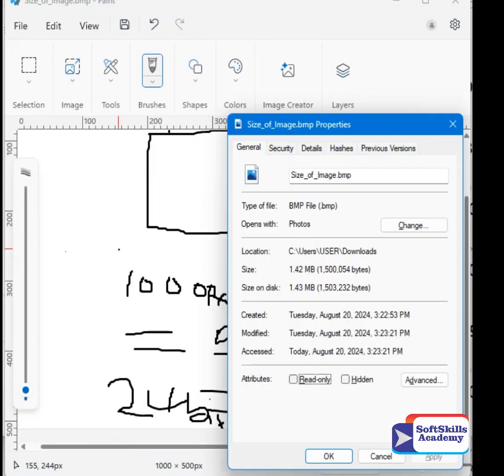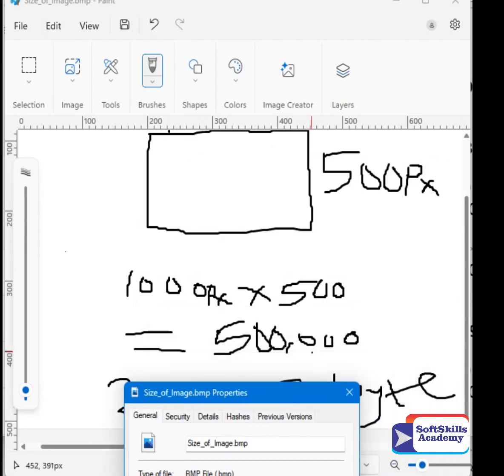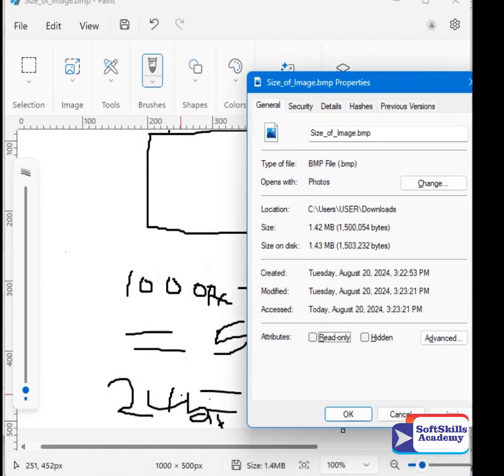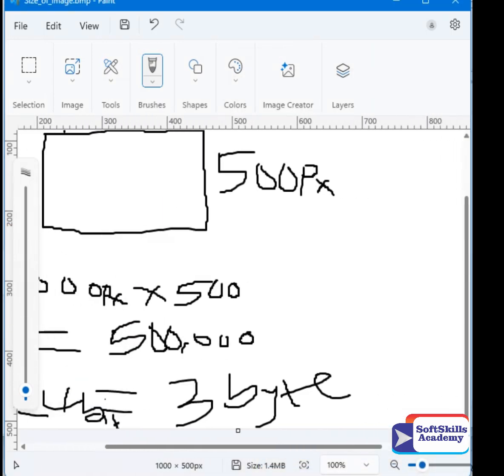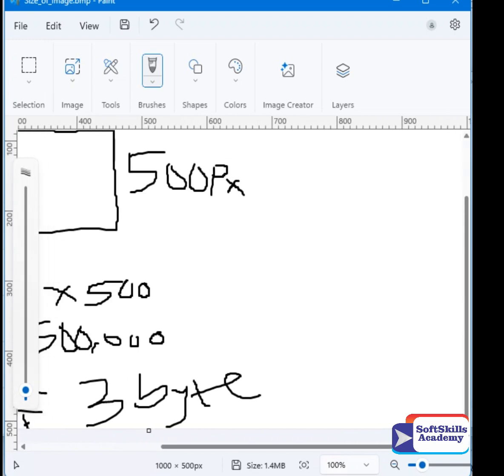But what we are after now is kilobytes. This is the location of the file, and this is the size. In bytes, we have almost 1,500,000 bytes, so comparing it with our calculation, we have almost the same scenario.